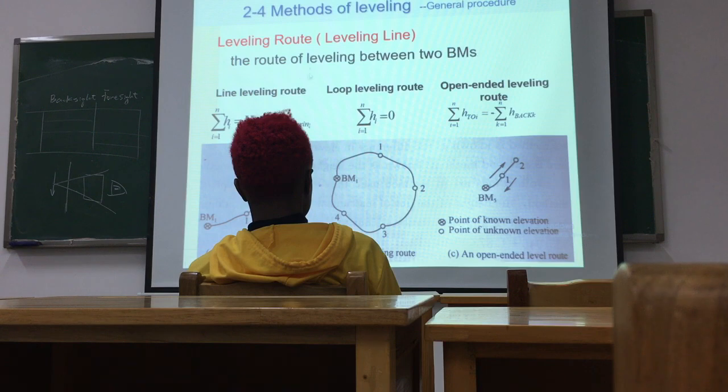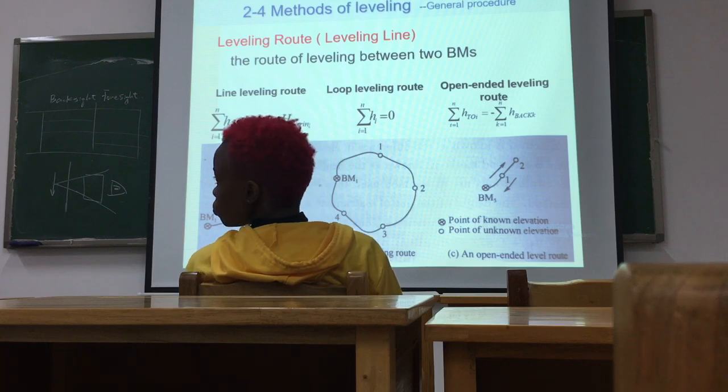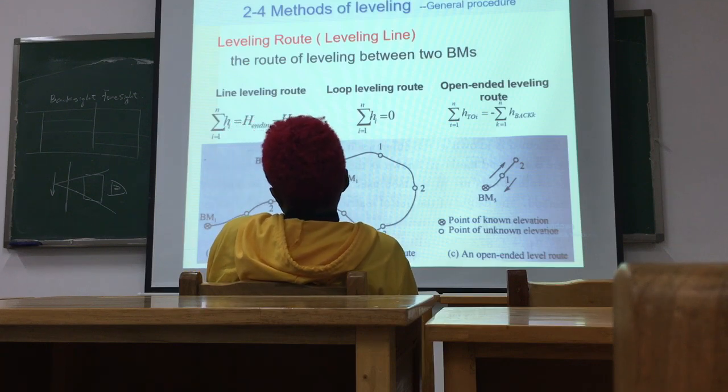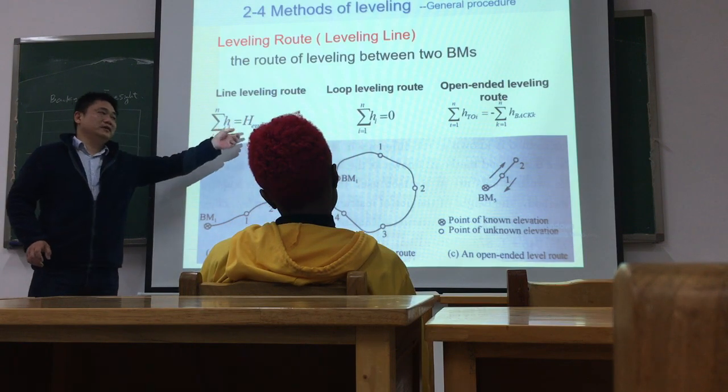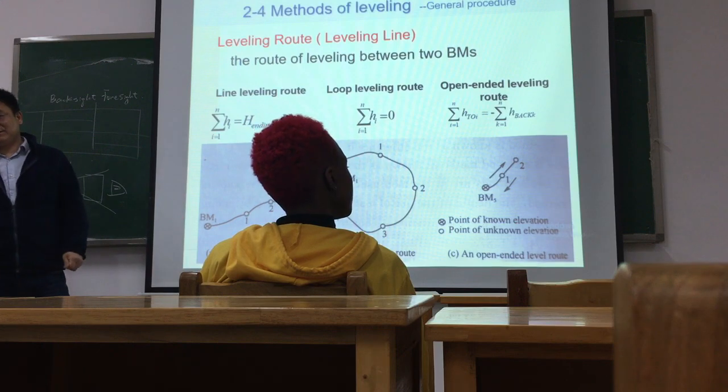Today we learn the leveling route, or leveling line. The route of leveling between two benchmarks, we call this line a leveling route or leveling line. We have three kinds. In fact, you can also say we have two kinds, because the first and the third are one kind.